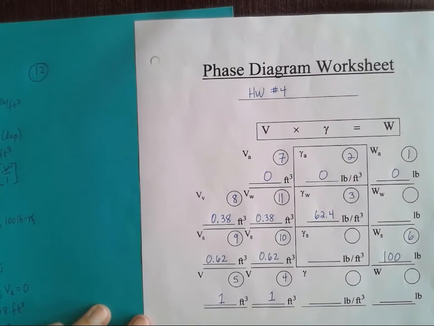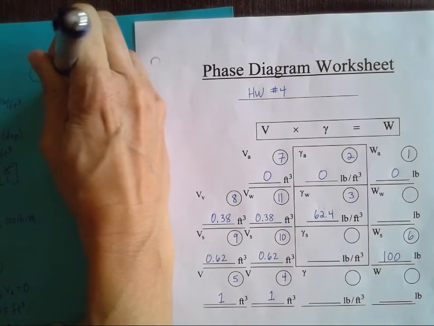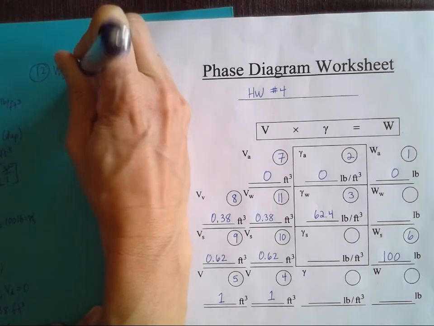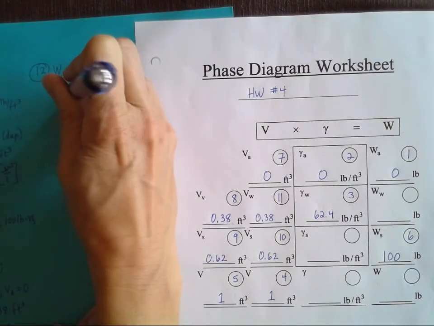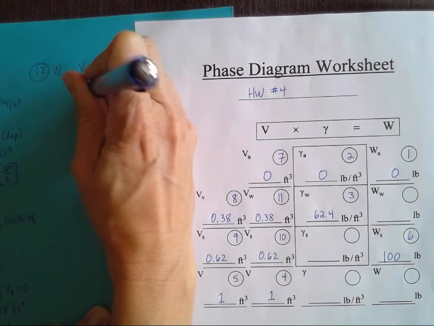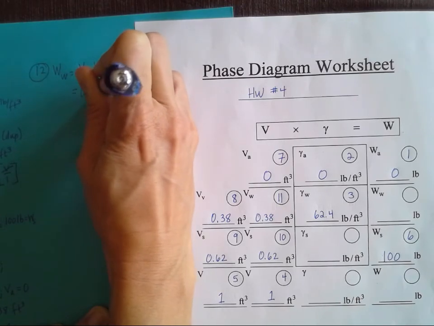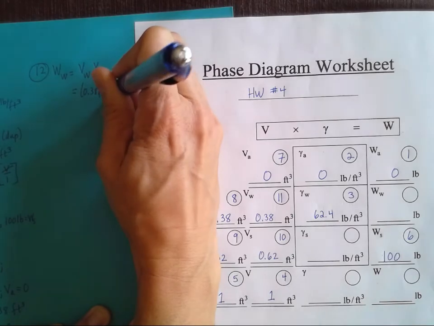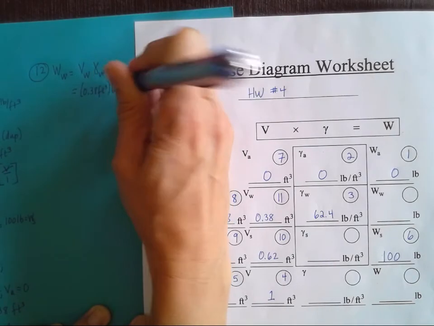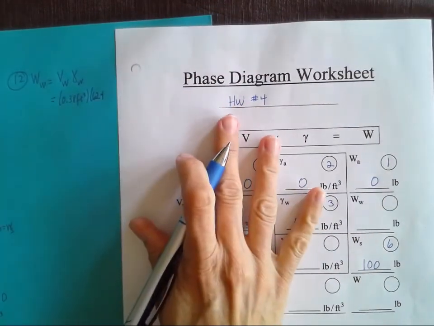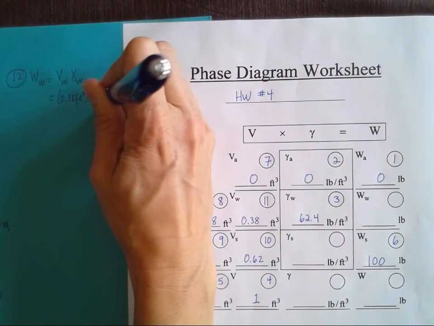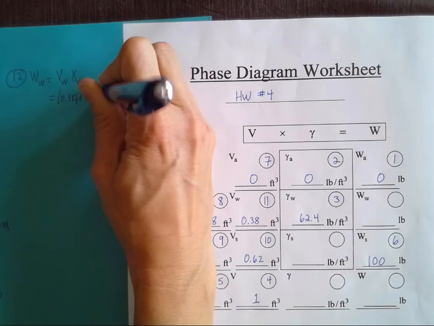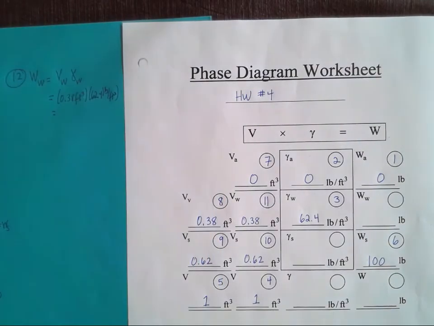Number 12 is the weight of the water is going to equal the volume of the water times the gamma of the water. And in this case, I have 0.38 cubic feet for the volume and 62.4 pounds per feet cubed for that unit weight of water.